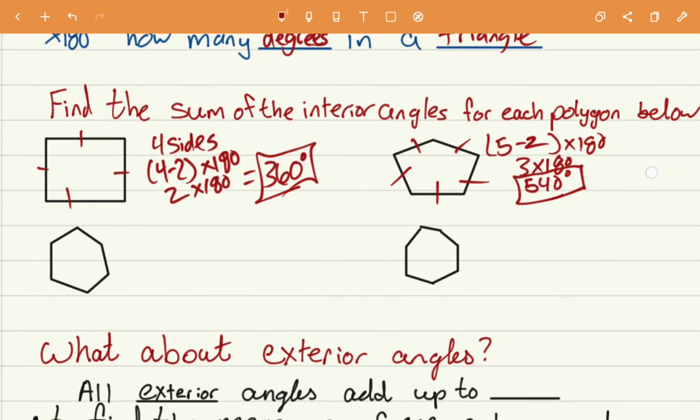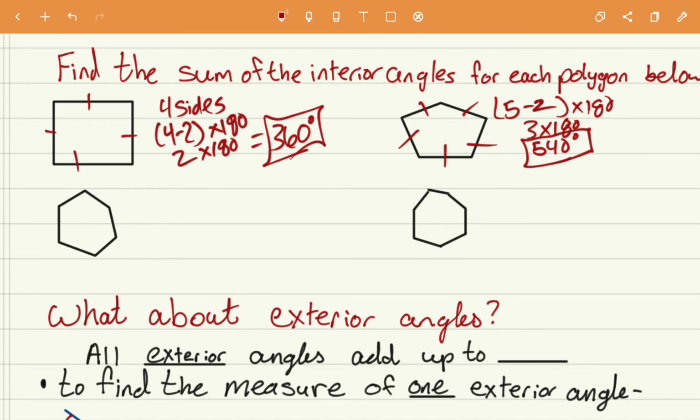Pause the video and try the next two real quick. Okay. Now I'm going to go over them, so if you haven't tried them yet, pause it real quick. And here we go. 1, 2, 3, 4, 5, 6. We got 6 sides, so we do 6 minus 2 in parentheses times 180.